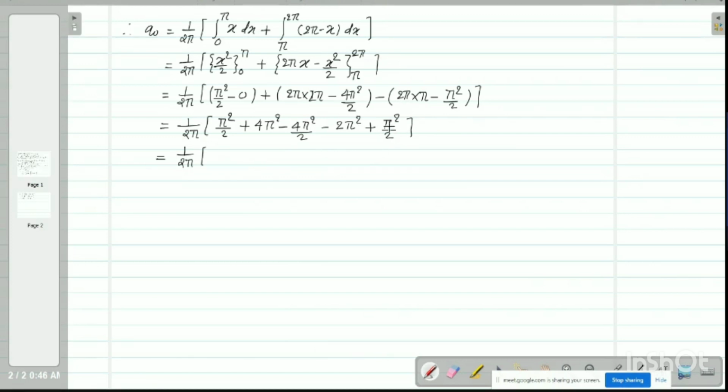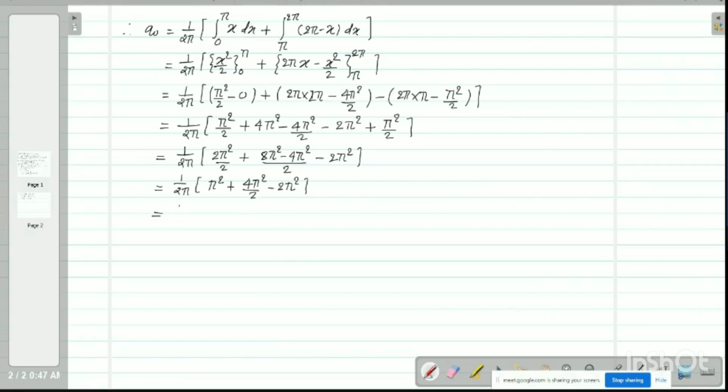Just simplify this. Pi square by 2 plus pi square by 2 is 2 pi square by 2, and plus, cross multiplying, 8 pi square minus 4 pi square by 2 minus 2 pi square. Simplify, 1 upon 2 pi. This is pi square, and plus here you get 4 pi square minus 2 pi square.